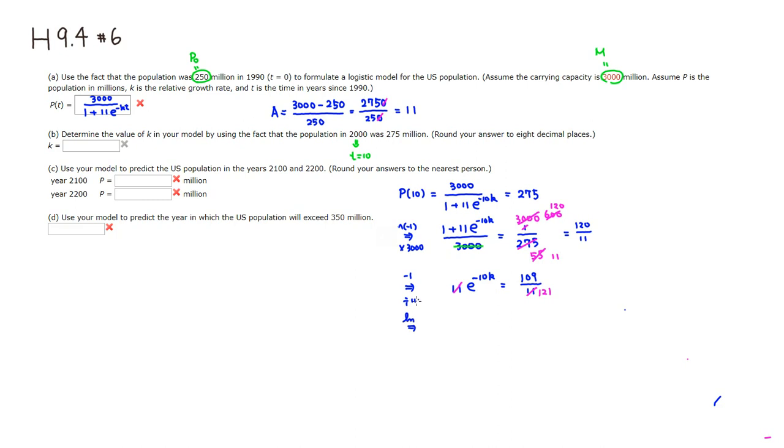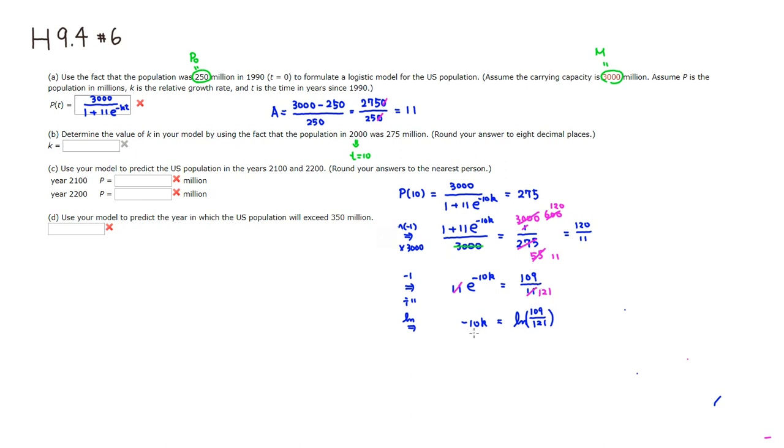You get negative 10k equal to natural log of 109 over 121. That's not a very nice number.